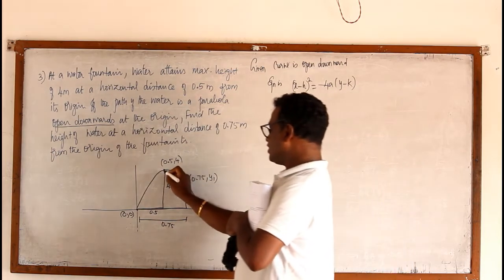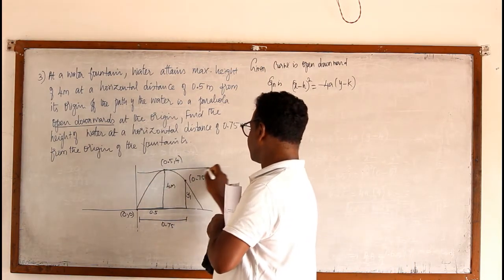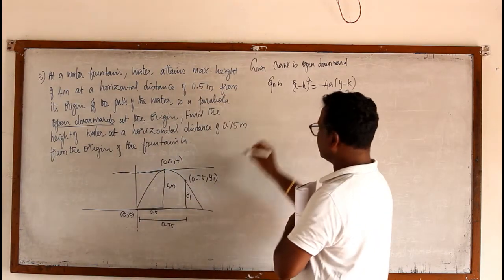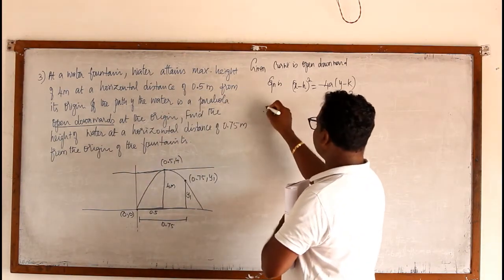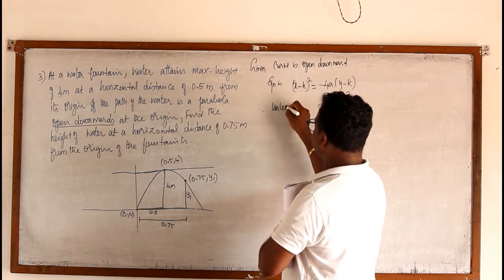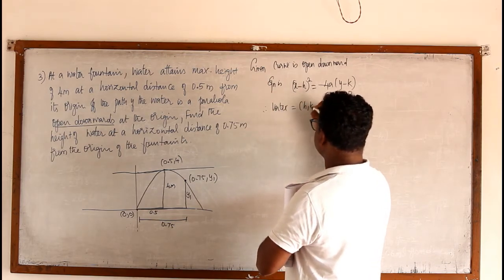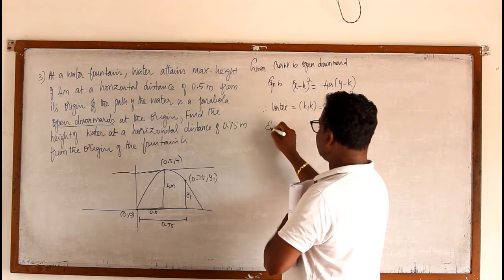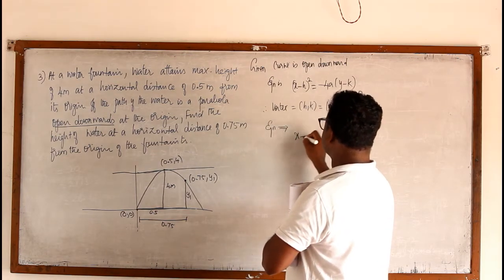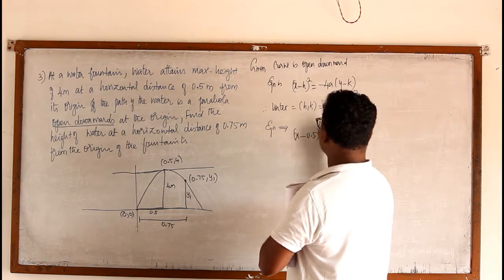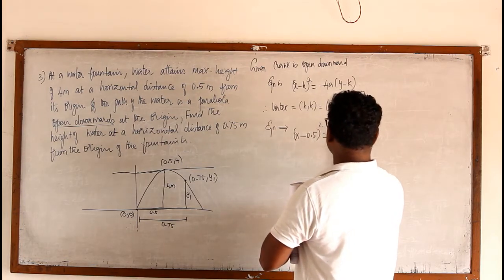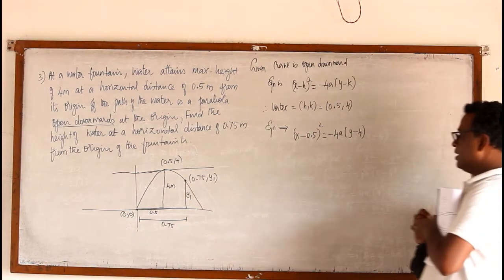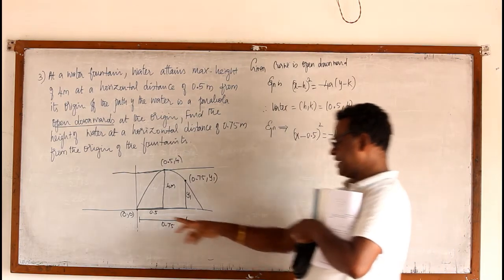So if I take this one as the vertex, this is open downward, then the vertex (h, k) is equal to (0.5, 4). Then the equation implies (x minus 0.5) the whole square equal to minus 4a into (y minus 4). I have to give this one as h and this one as k. Now, to find 4a, I can choose this point.